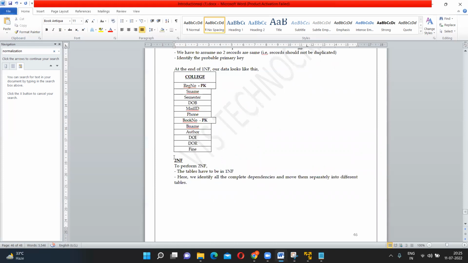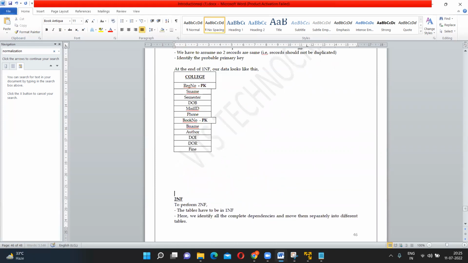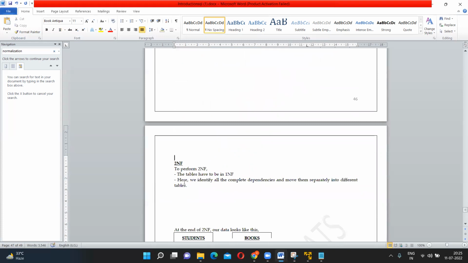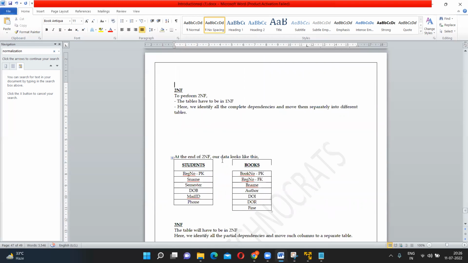Now what happens in second normal form, guys? To perform second normal form, the table should be in first normal form. Here we identify the complete dependency and move it into separate tables.